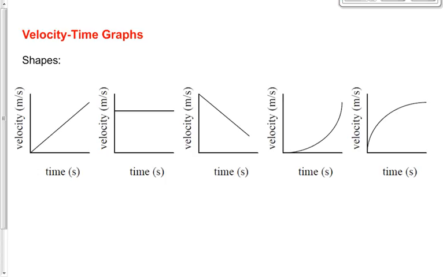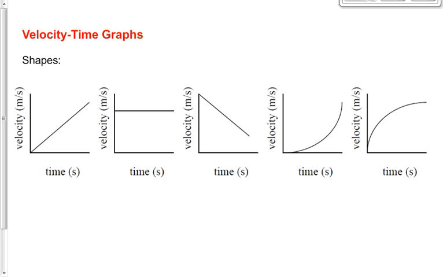If this first graph that you see was a position time graph with a straight line, it would represent constant velocity. It does not represent constant velocity when it's a velocity time graph. You can clearly see that the velocity is increasing. That's not constant velocity. What do you think it represents this time? Yep. Good.